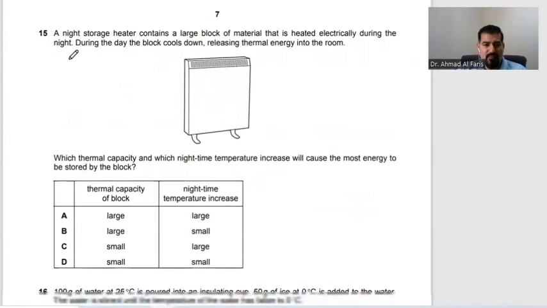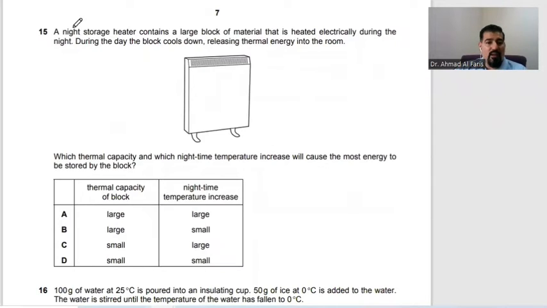Number 15. A night storage heater contains large blocks of material that is heated electrically during the night. During the day, the block cools down, releasing thermal energy into the room. Which thermal capacity and which nighttime temperature increase will cause the most energy to be stored in the blocks?